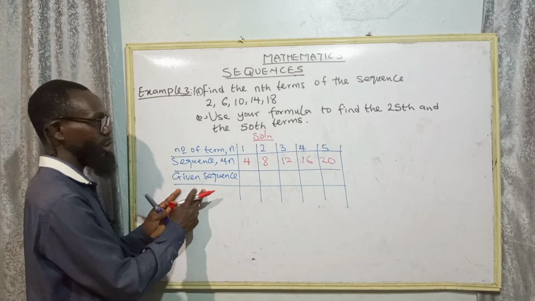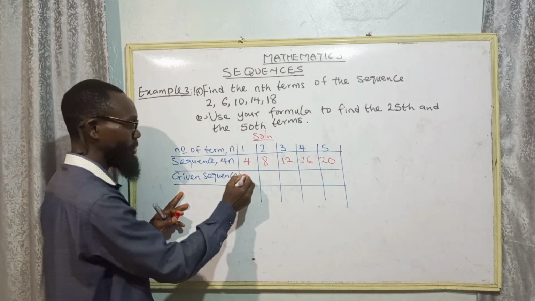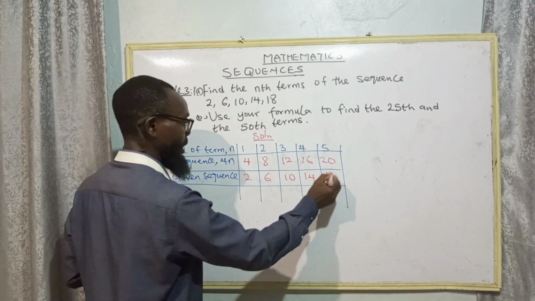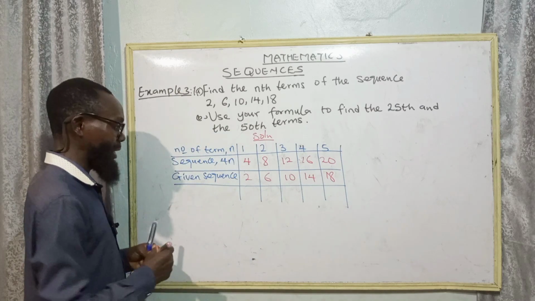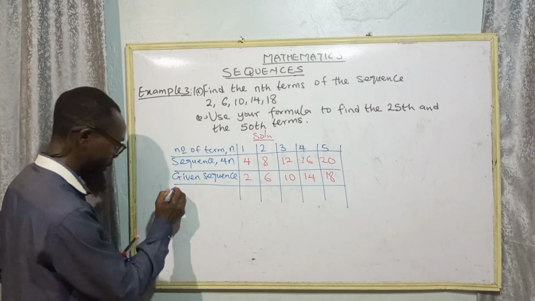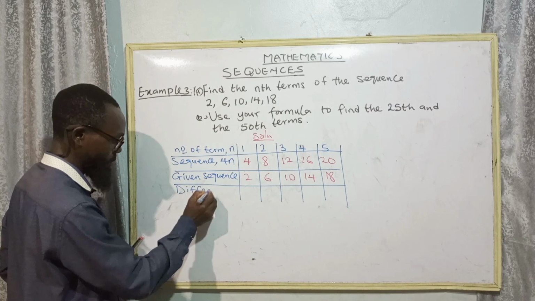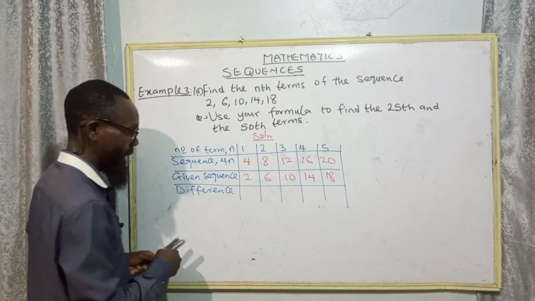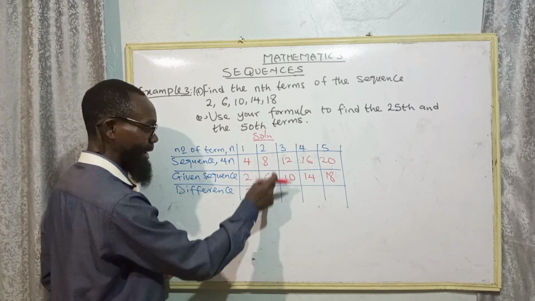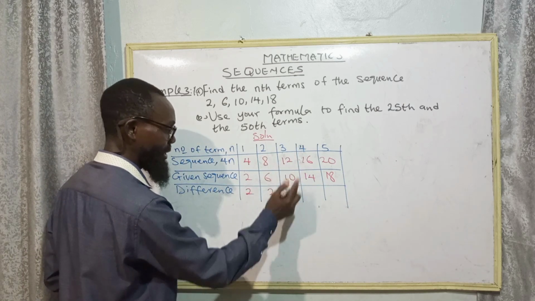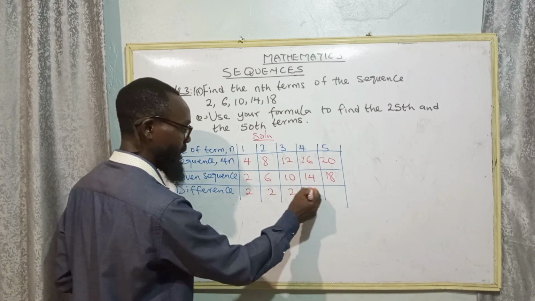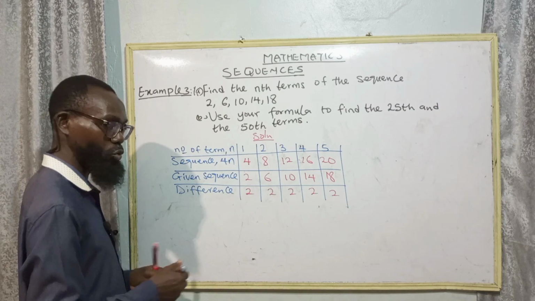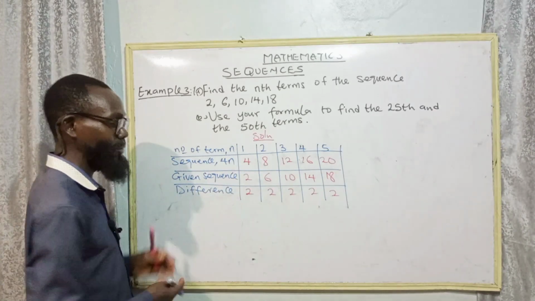Our given sequence is 2, 6, 10, 14, 18. Now what is the difference between them? 4 minus 2, I have 2. 8 minus 6, 2. 12 minus 10, 2. 16 minus 14, 2. So the difference between them is 2. Now, what is the formula connecting them, the nth term?